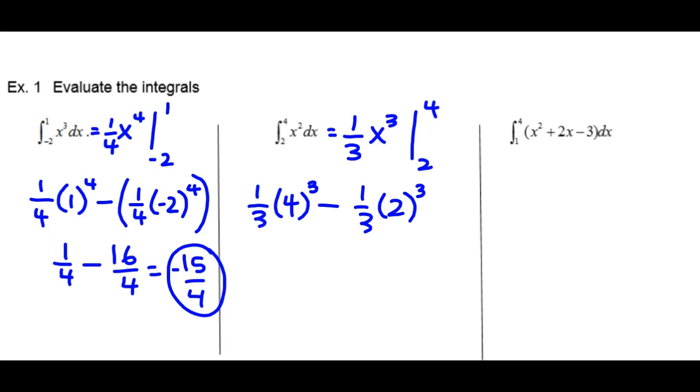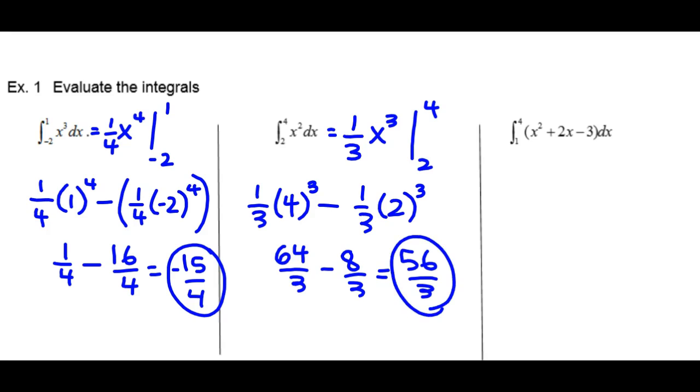So what I end up with is 64/3 minus 8/3, which would be 56/3. So the area under the curve of x squared from 2 to 4 is a positive 56/3.